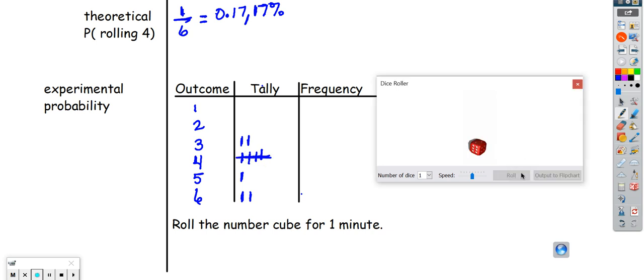Wow, 4 is really getting ahead here. 2, a 3, a 1, a 5, a 2, 6, 2, 2, a 5, and a 2. All right, time is up.